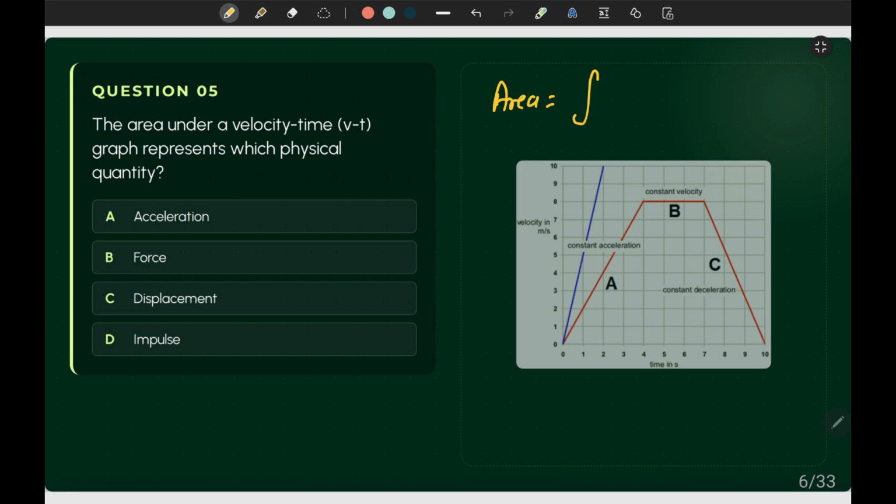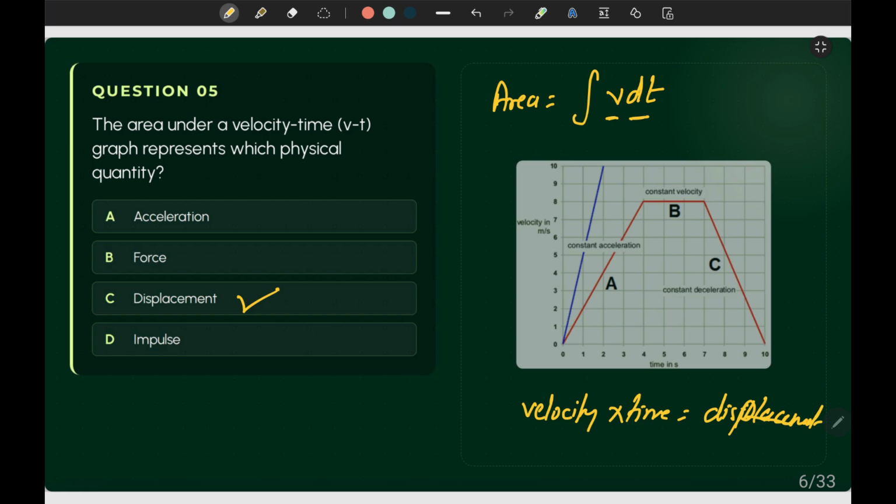The graph is of velocity with respect to time, so the area will be the integral of v dt. So you can see velocity into time. Velocity into time is displacement. So our correct option is C.